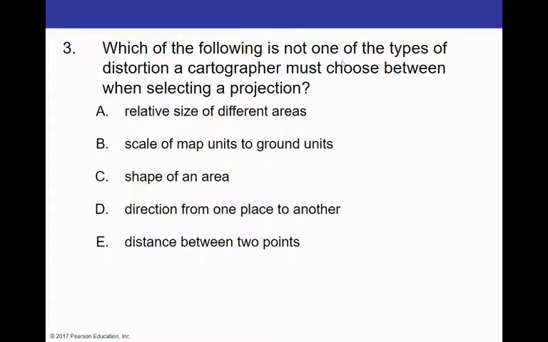So you're going to have to be conscious of when it says not, to make sure that you're selecting the one that does not apply, so it's the correct answer. I know it's kind of backwards thinking, but you will get used to it. There are 4 types of distortions that cartographers have to choose between. You need to find the one that's not.